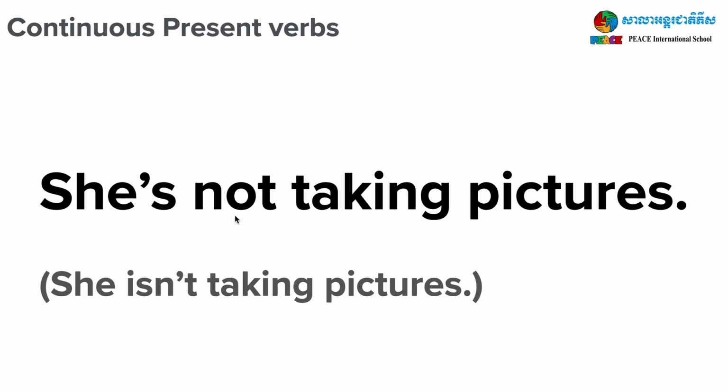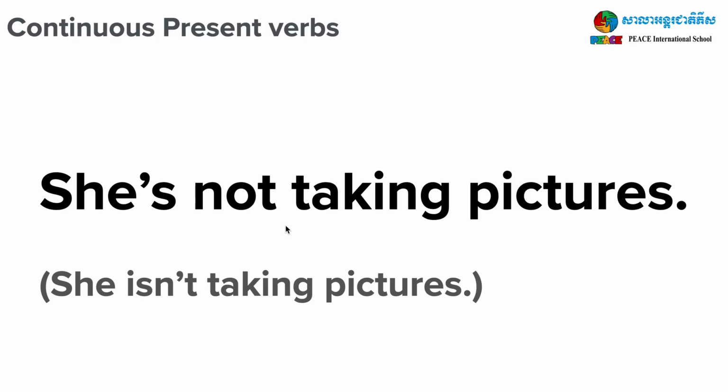So in this example, she's not taking pictures. Notice we still have the be verb, she is, and taking, but now in the middle we put not. She's not taking pictures.